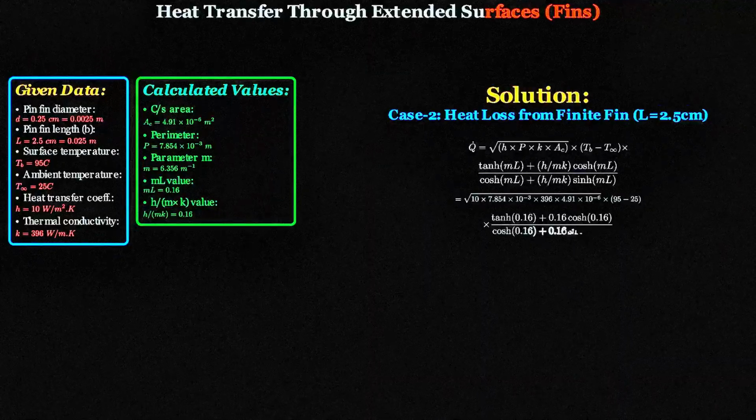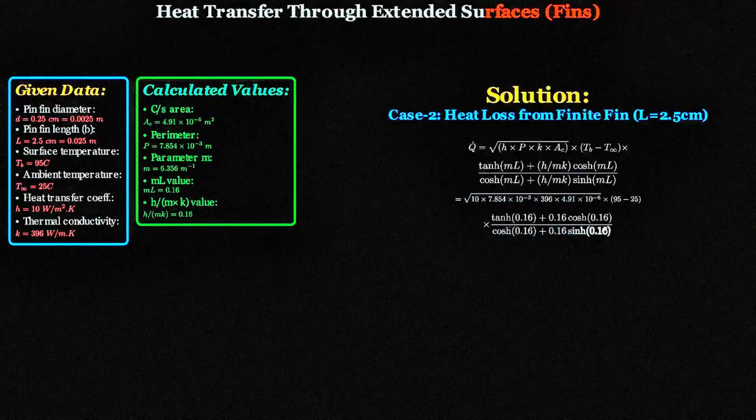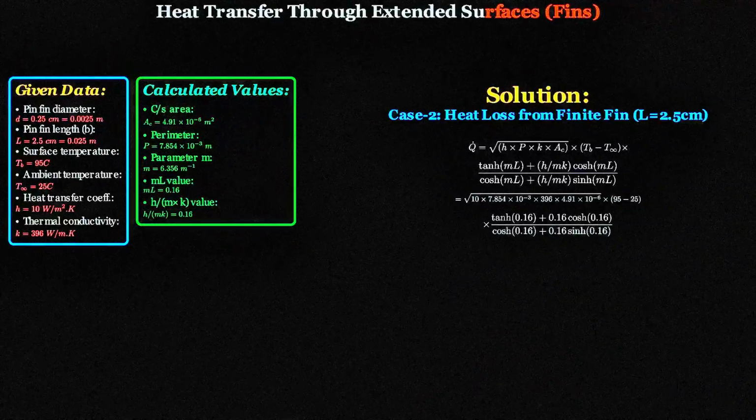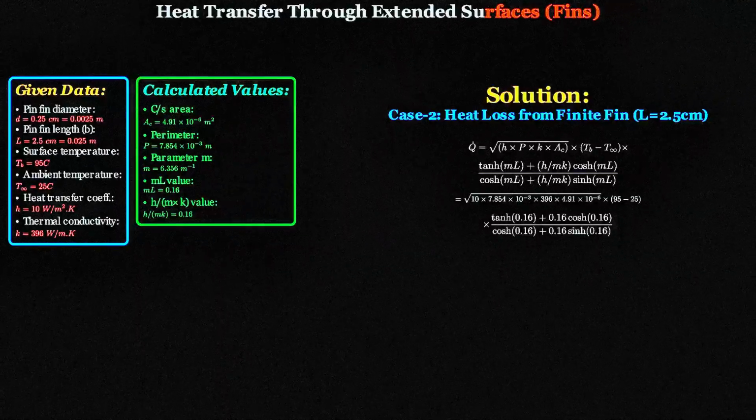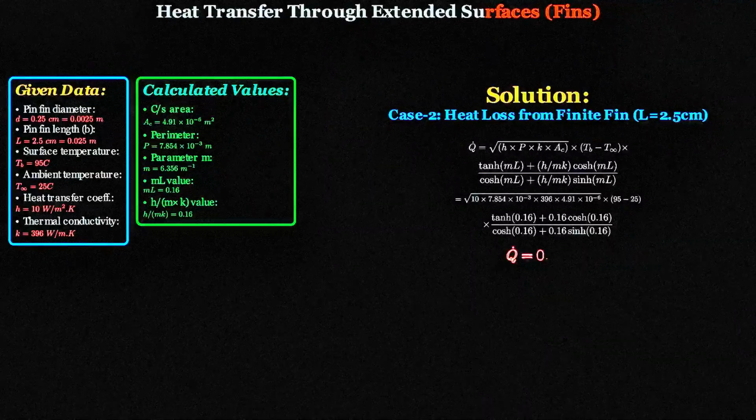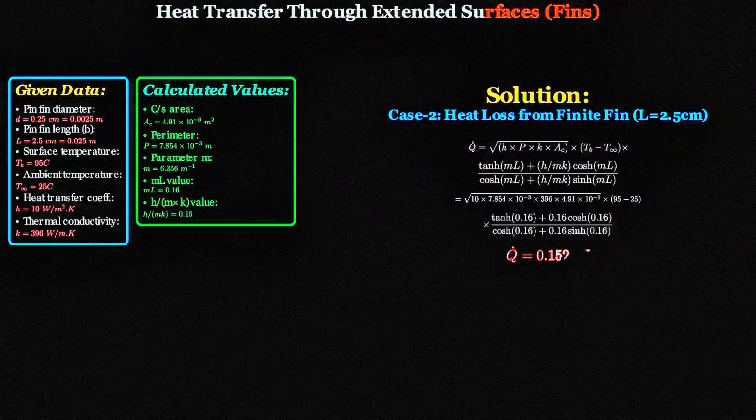Let's substitute our values. The first part is the square root of 10 times 7.854 times 10 to the negative 3 times 396 times 4.91 times 10 to the negative 6, multiplied by 95 minus 25. For the correction factor, we substitute ml equals 0.16 and h over mk equals 0.16.